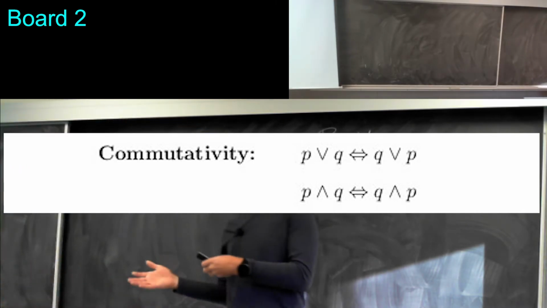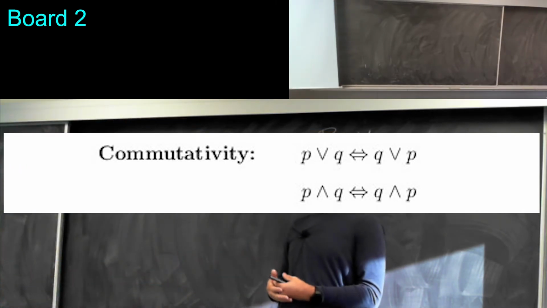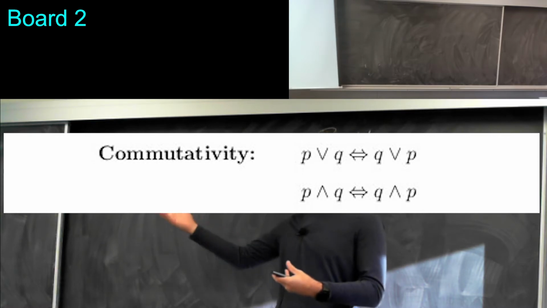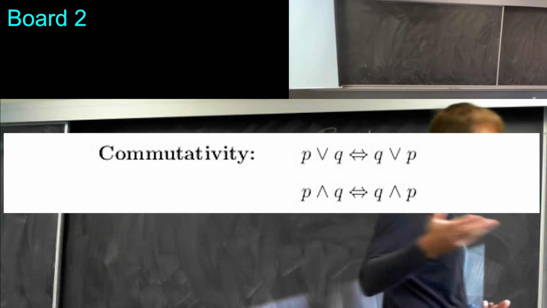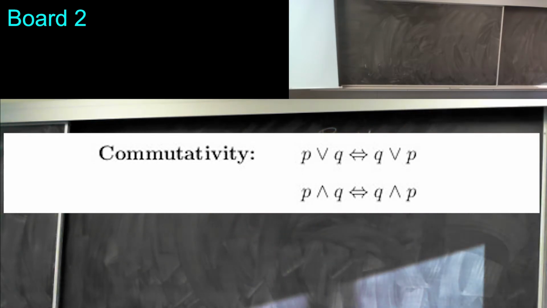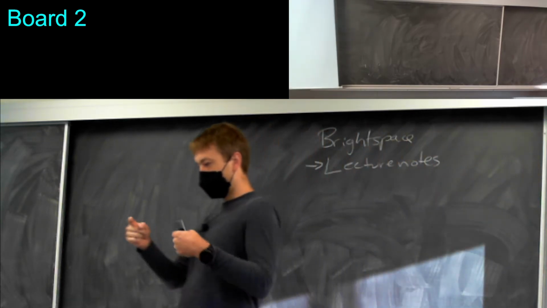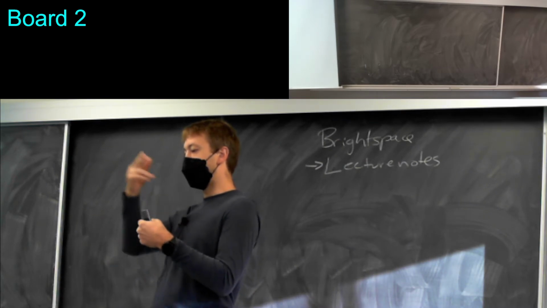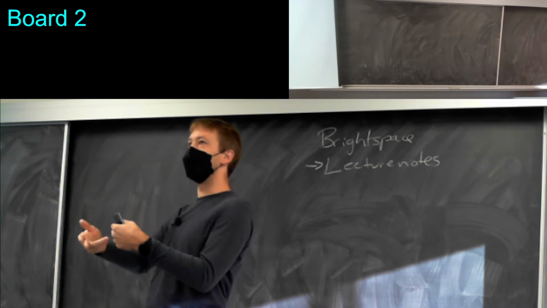So if this is the first time you've seen words like idempotence, commutativity, associativity, distributivity, etc., you're going to see them a lot if you're doing a math degree. Idempotence is the idea that if you do something twice, it's the same as doing it once. You can see it in P or P being the same as P.